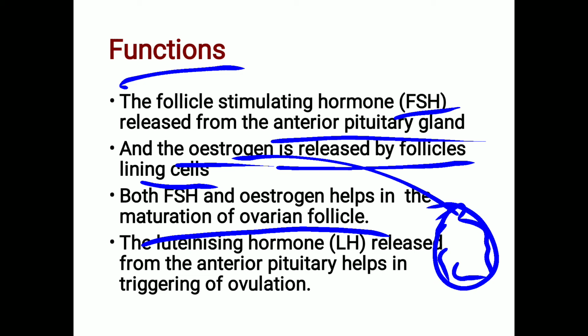There is another hormone called LH, luteinizing hormone. That too is released by the anterior lobe of the pituitary gland, and this LH helps in triggering ovulation. It helps in the breaking down and rupturing of the Graafian follicle and releasing the ovum into the peritoneal cavity.